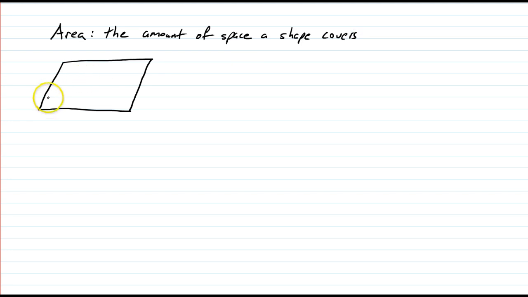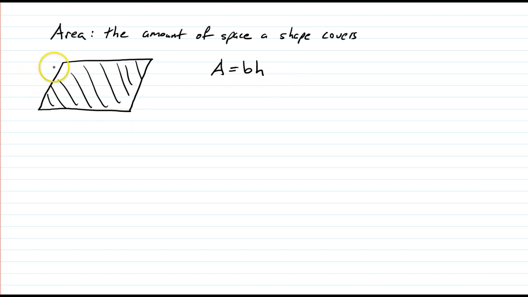So when I find the area, I'm finding how much space this shape is taking up. And when we find area, we use formulas. So the formula for a parallelogram is just base times height. Now this formula will work for a parallelogram, a rectangle, and a square.